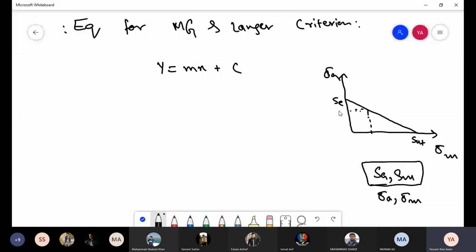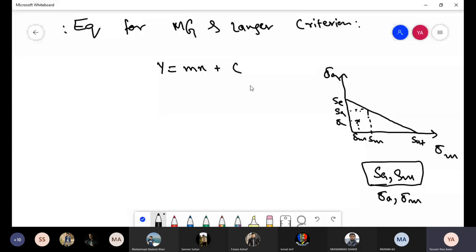Any value of alternating and mean stress that lies on this line is denoted by SA and SM, while sigma A and sigma M are the generic variables that show alternating stress and mean stress value at any point on this graph. But SA and SM are reserved for the alternating and mean stress combination that lies on this line.